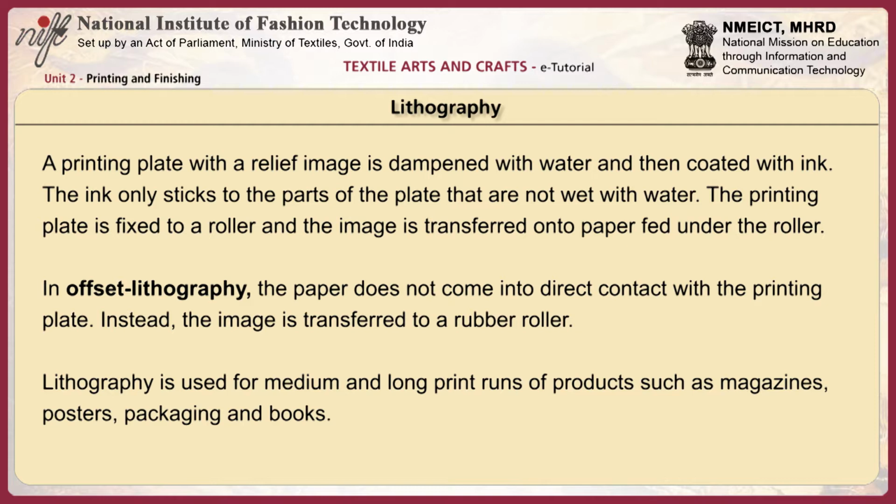In offset lithography, the paper does not come into direct contact with the printing plate. Instead, the image is transferred to a rubber roller. Lithography is used for medium and long print runs of products such as magazines, posters, packaging, and books.